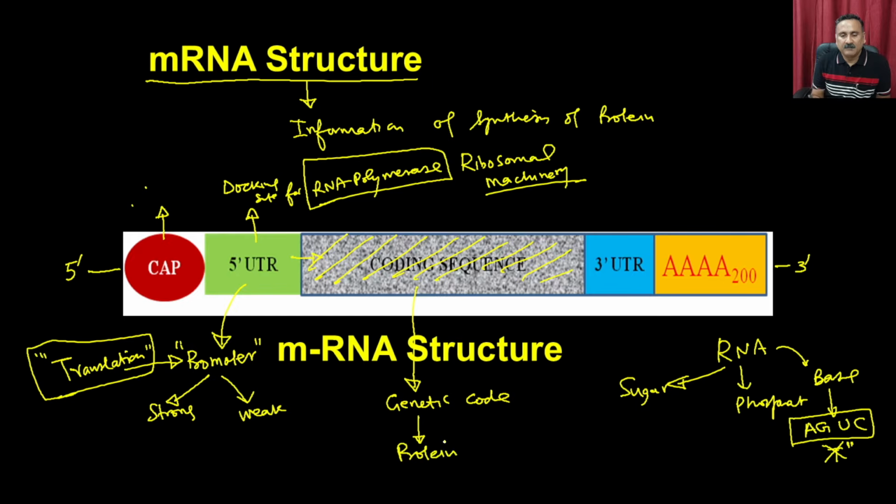Genetic information is encoded in the form of genetic code, and each genetic code corresponds to an amino acid. These amino acids are then added by the ribosomal machinery with the help of the peptide bond, and that's how the protein is synthesized.